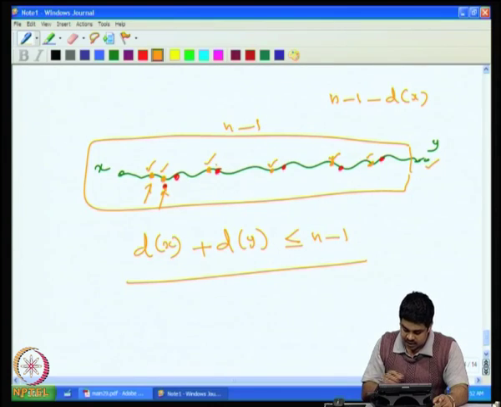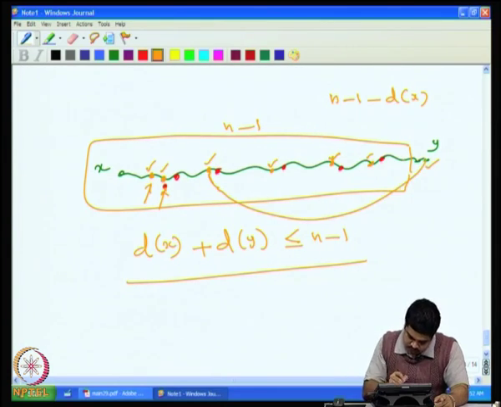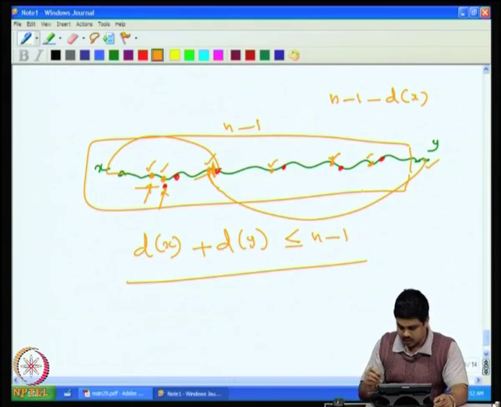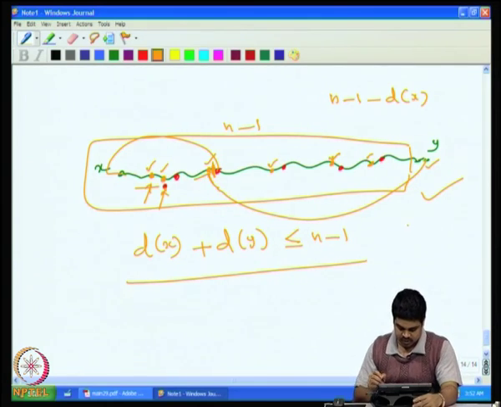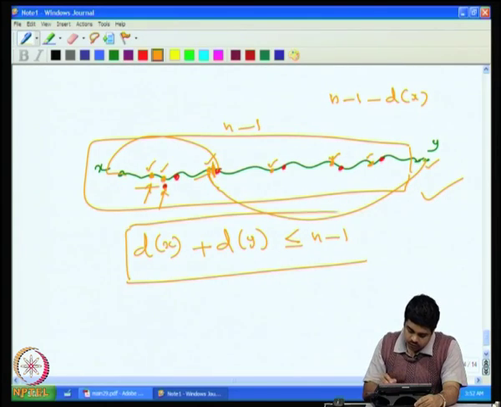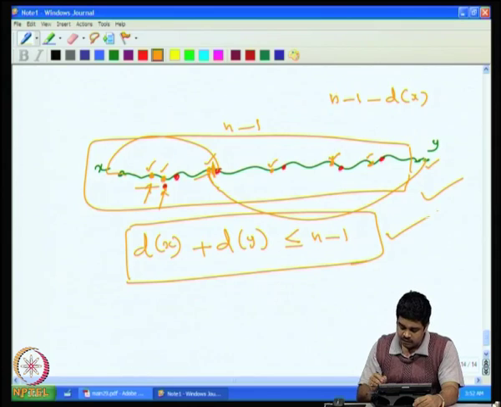Then we will get that situation where this is connected to this and this is connected to this, and then we can break here and break here, and we get a cycle jumping here and then like this and then like this, we will get a Hamiltonian cycle. That is a contradiction. We know that the graph does not have a Hamiltonian circuit. So, for every non-adjacent pair we have this property.